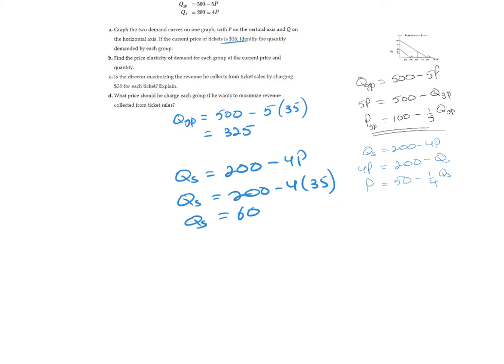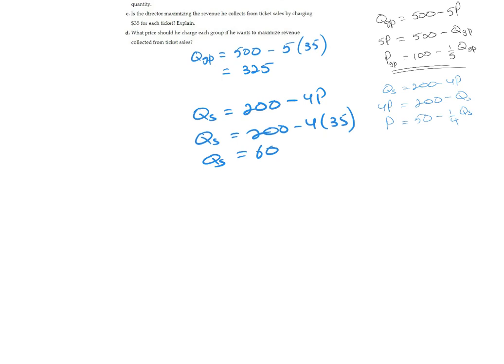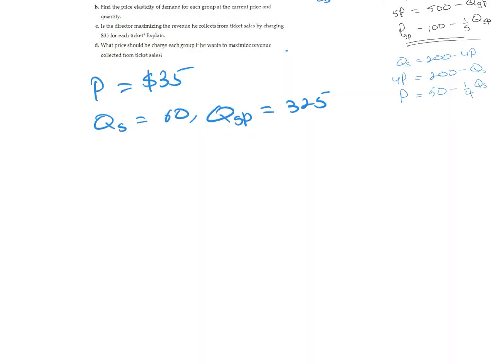So what we have established is that in equilibrium, when the price equals $35, students will be buying 60 tickets and the general public will be buying 325.